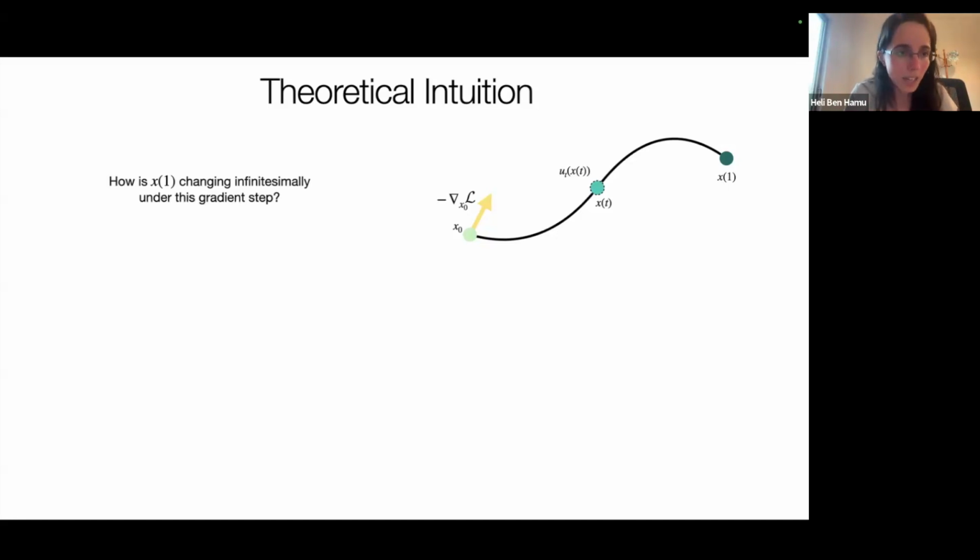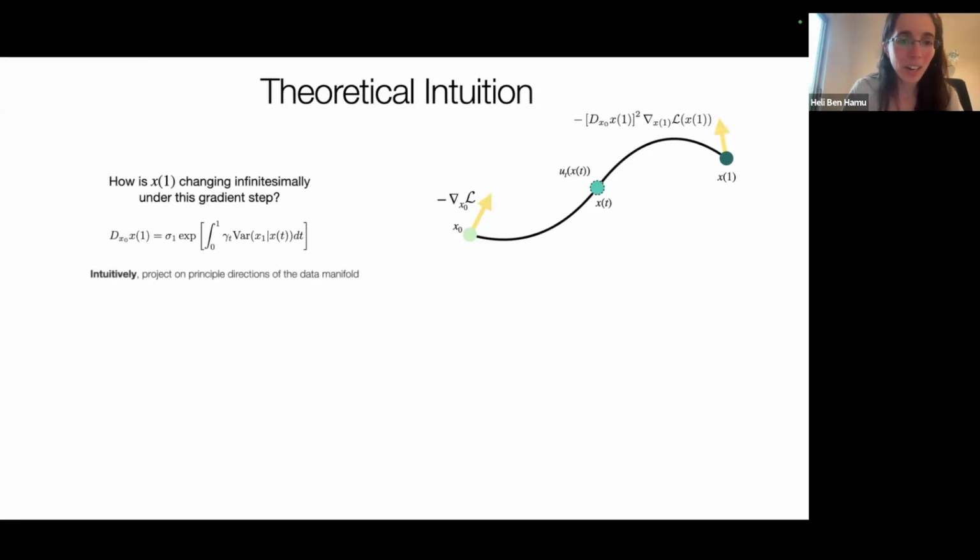We analyzed this gradient. I'm going to put a maybe a little intimidating equation on the board. I'm not going to go into a lot of details here, but I want to give a bit of intuition.